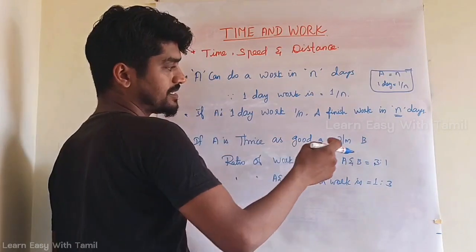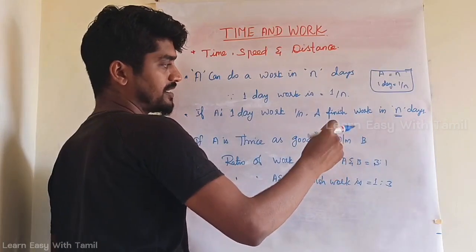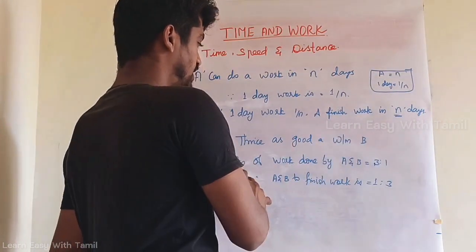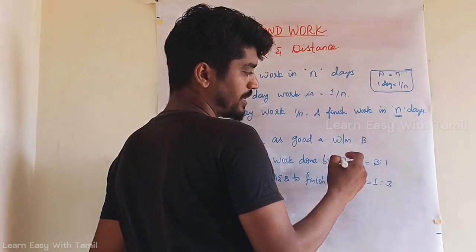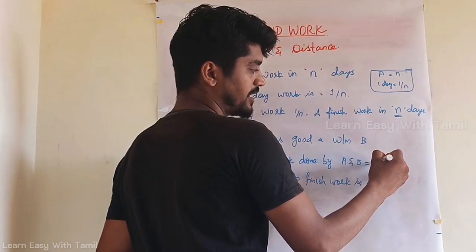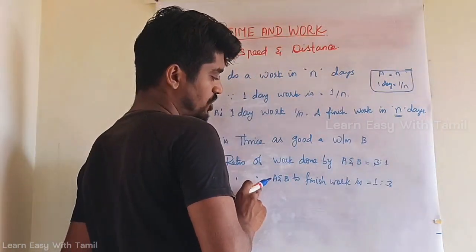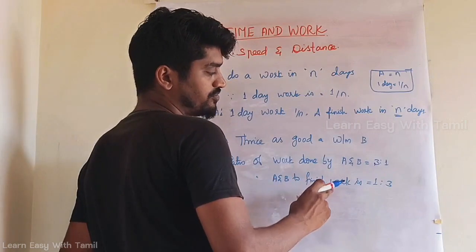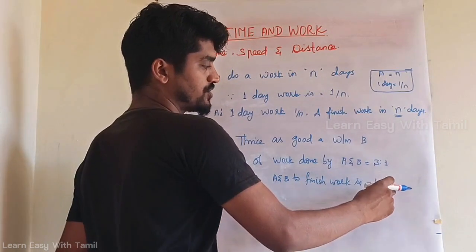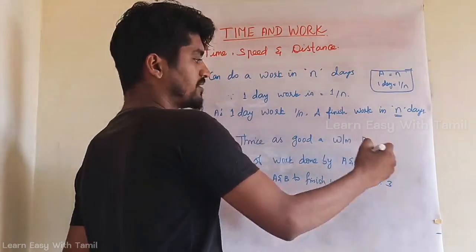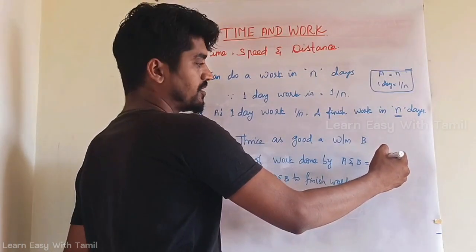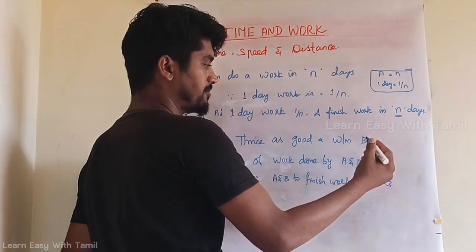So A is 3 times greater than B. The ratio of work done by A and B is 3 is to 1. The ratio of time taken by A and B to finish the work is 1 is to 3.